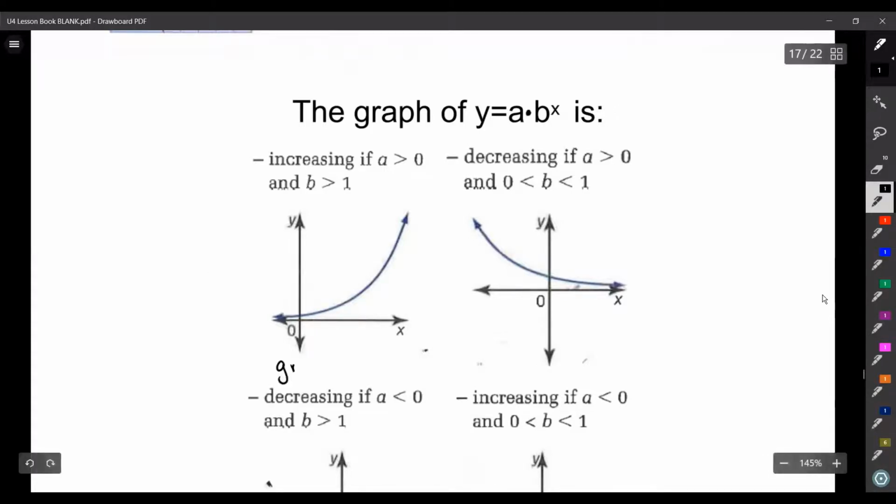This would be exponential growth when b is greater than 1. And this would be exponential decay when b is in between 0 and 1. For instance, our half-life questions, when b is equal to a half, take on this form of a graph. And both of these cases are when a is greater than 0, or in other words, a is positive.